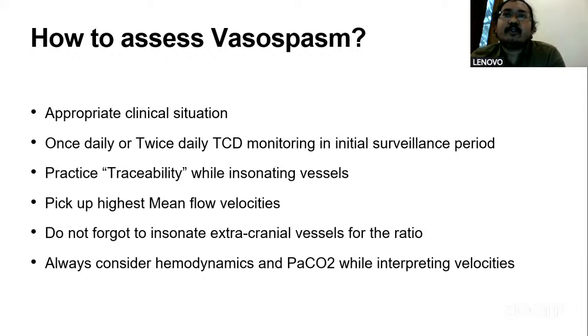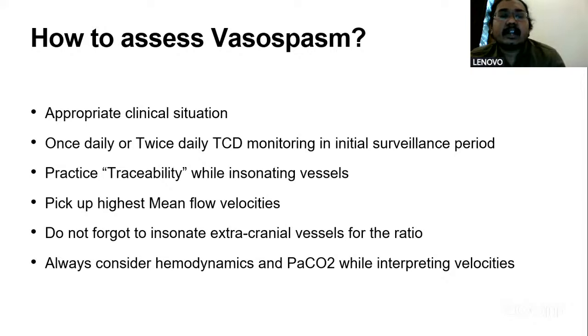We need to find that focal point where the vasospasm is happening. When we practice traceability, we would be able to most often pick up the right focal point where vasospasm is happening. Otherwise, most often we would miss it.